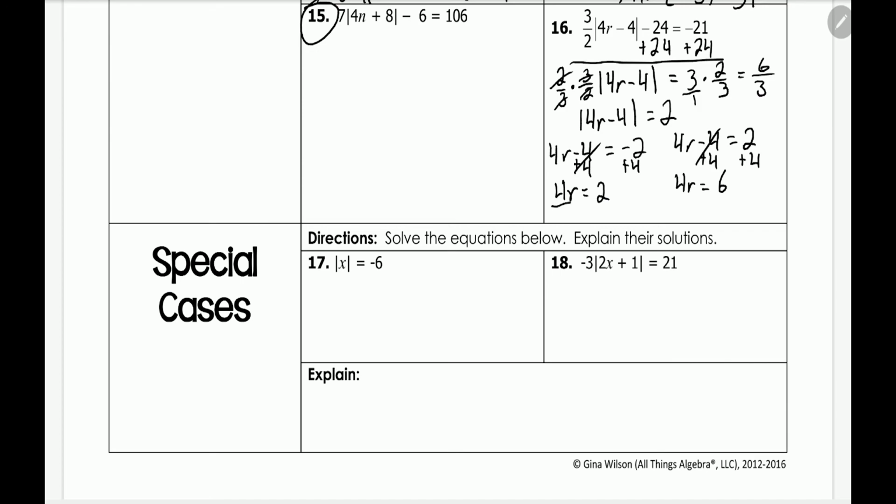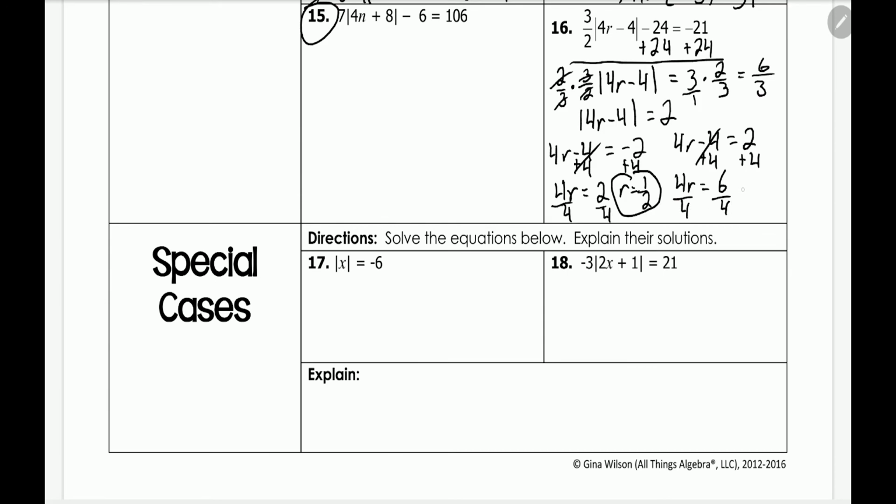Now we have to divide by 4 on both sides. So we're going to have, for this one, r is equal to 2 over 4, which can simplify to 1 over 2. That's one of our answers.